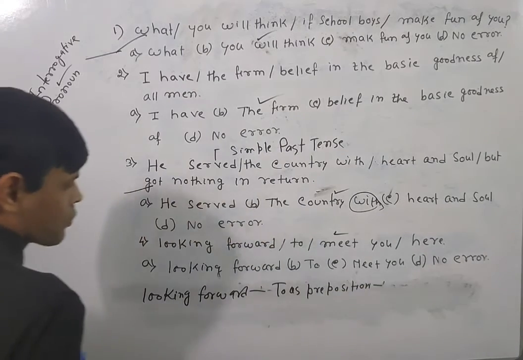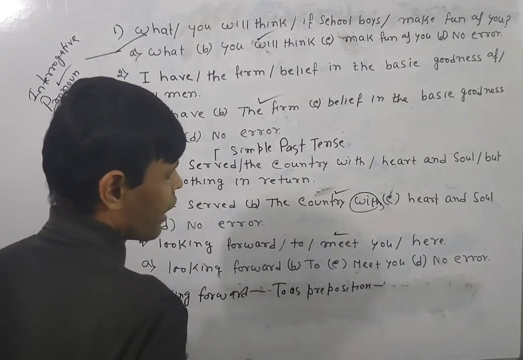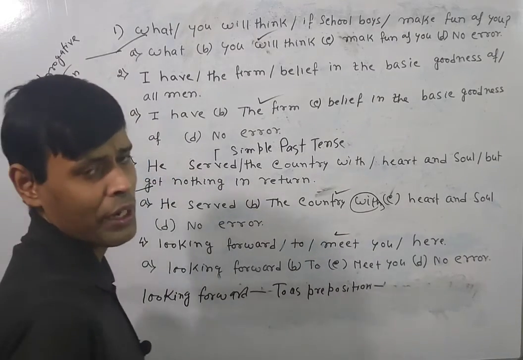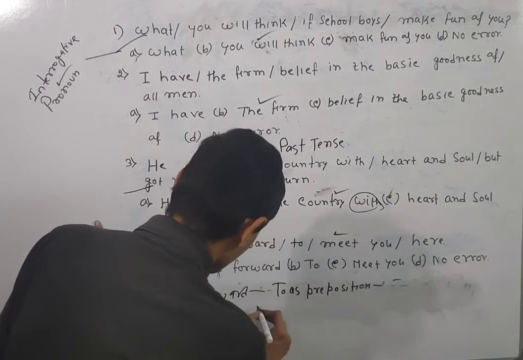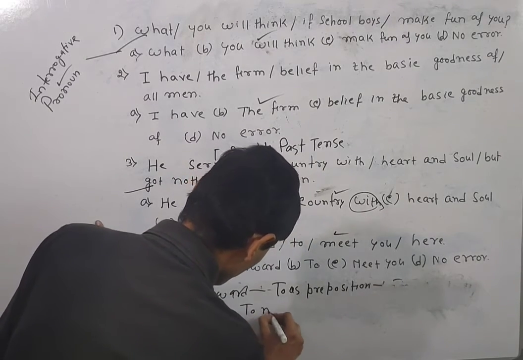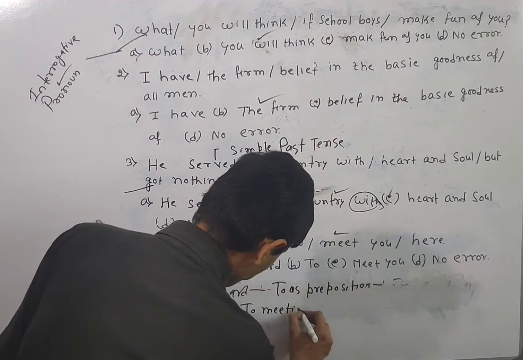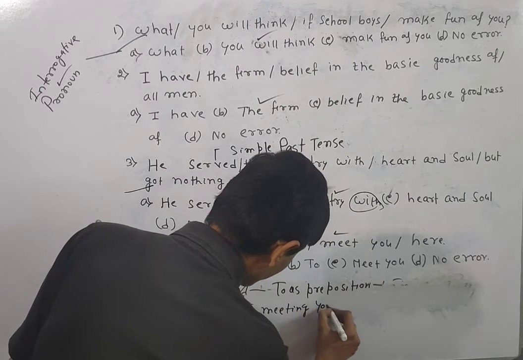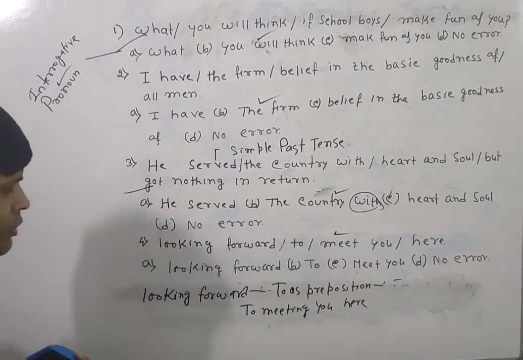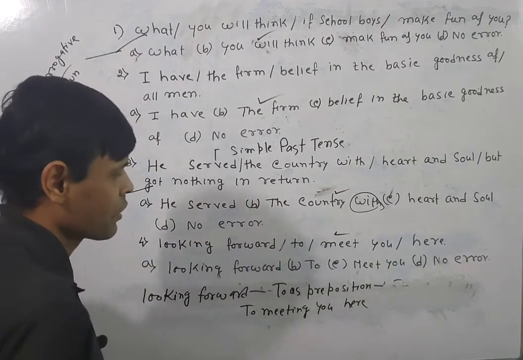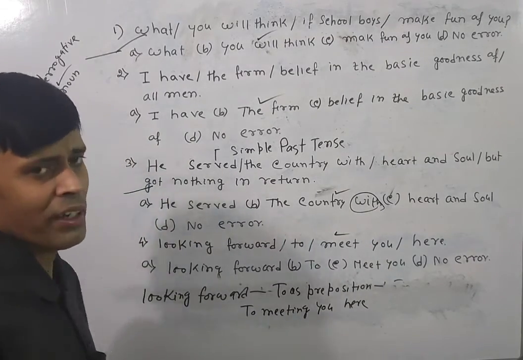So after a preposition we generally use the ing form if we would like to add any verb. Then the right answer should be looking forward to meeting you here. This is the right answer. You are not asked to write the right answer, but you are just asked to find out the error.